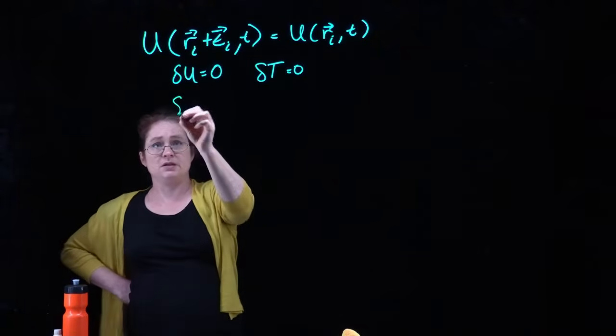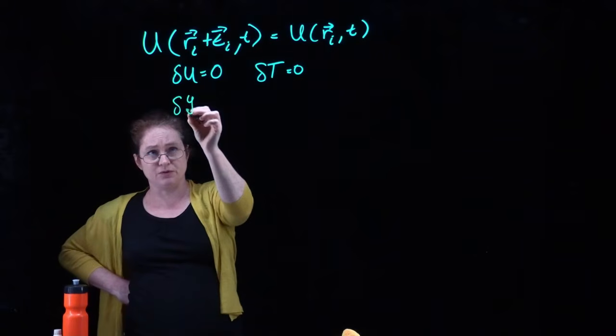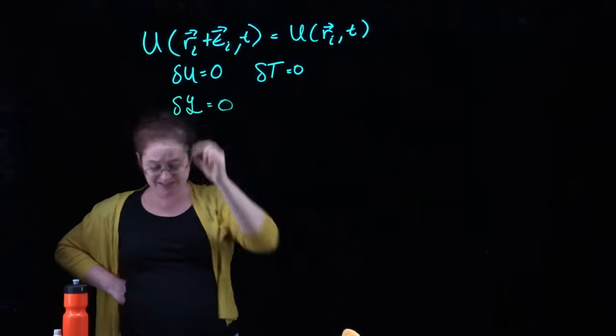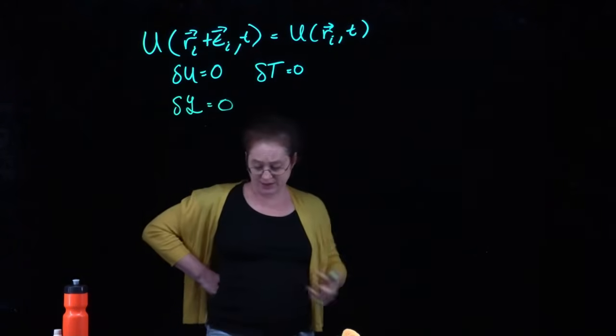So that means that under this type of translation, the Lagrangian itself is translationally invariant.